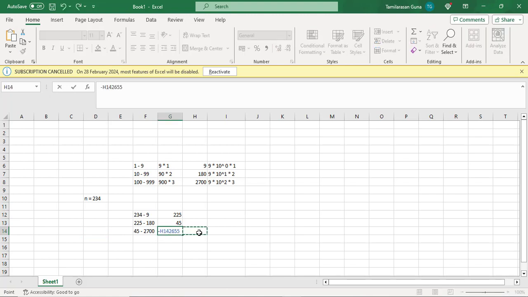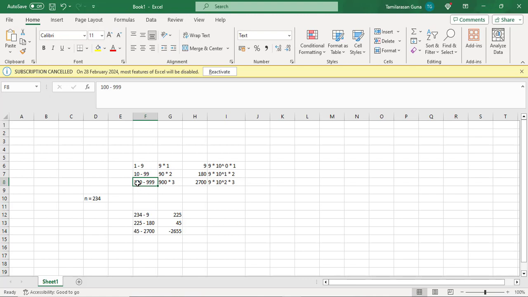Okay, so I'll be having a negative number, whereas this value is not greater than 0. That states that the 234th digit lies in this range.